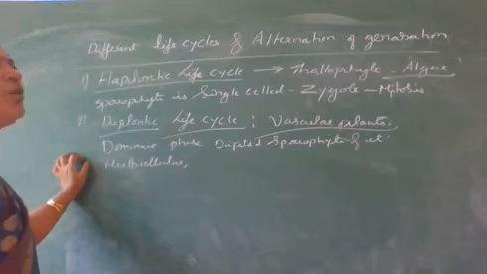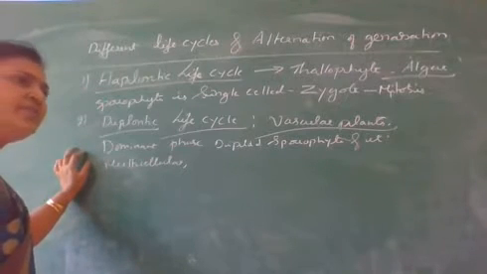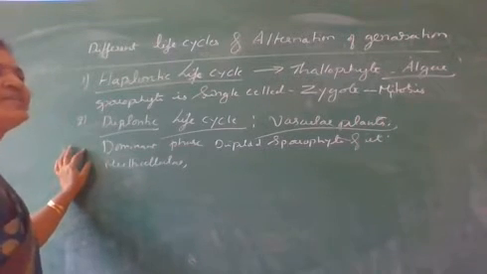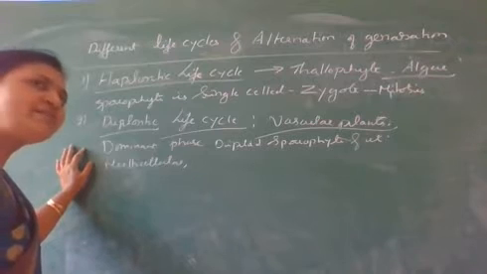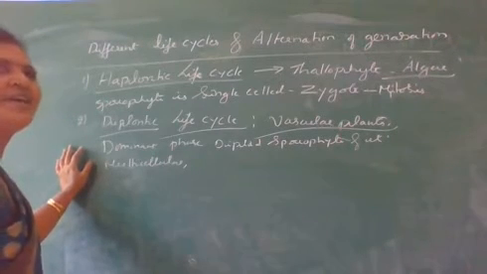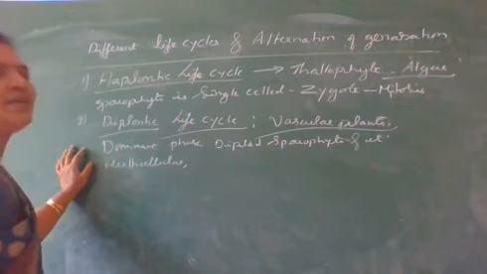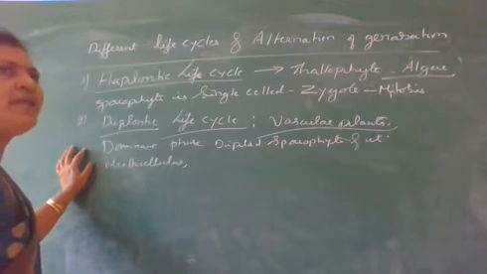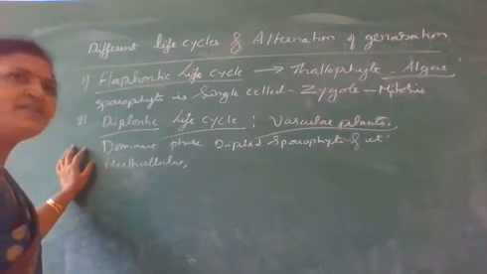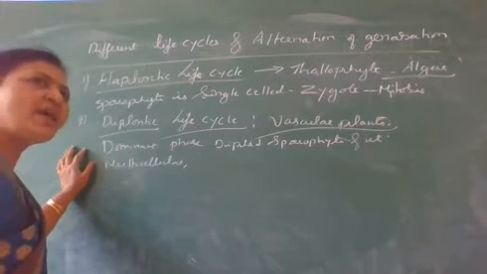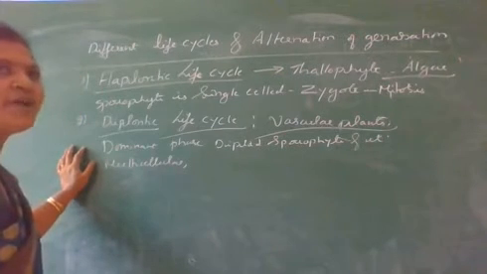And this sporophyte produces spores by means of meiosis, and that mainly develops into a male as well as a female gametophyte.